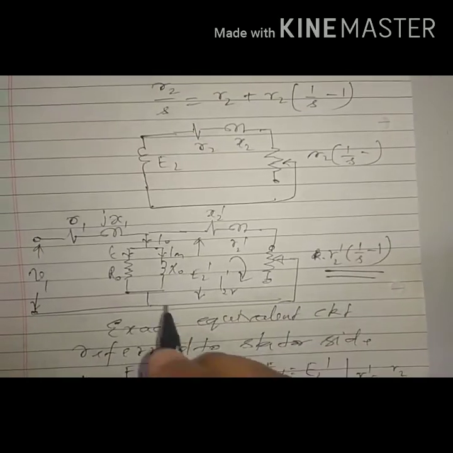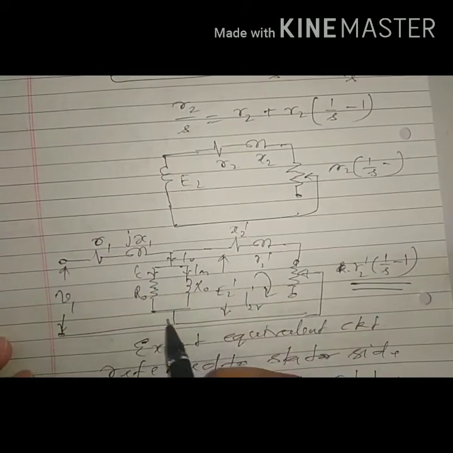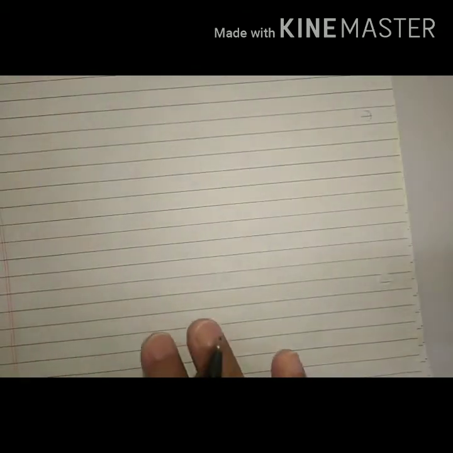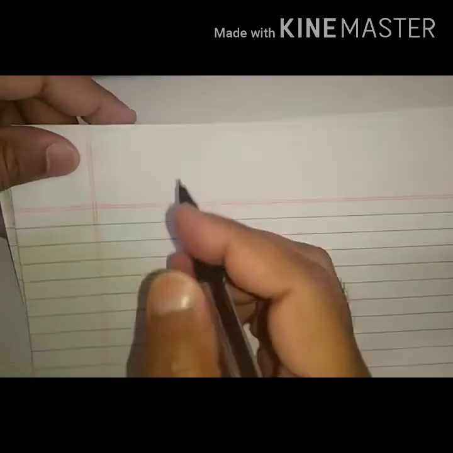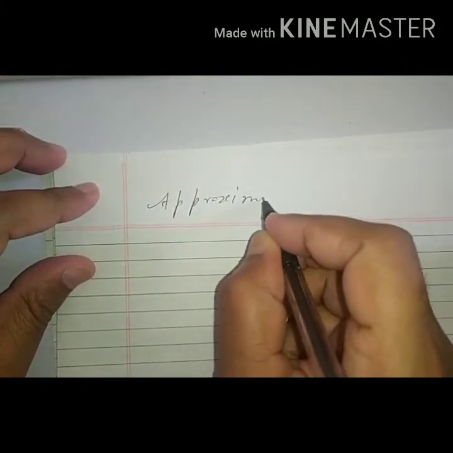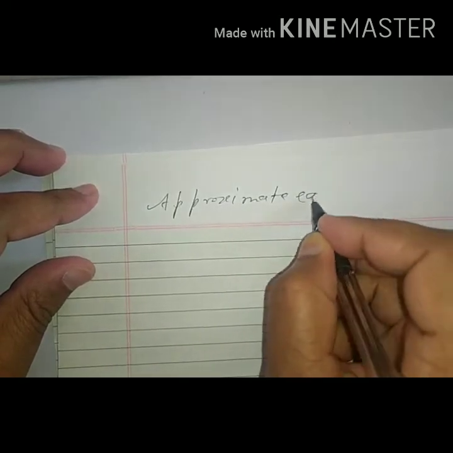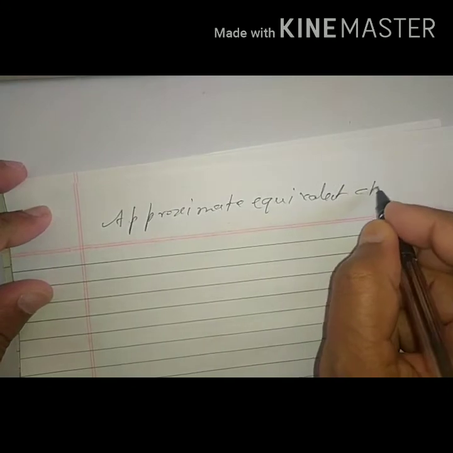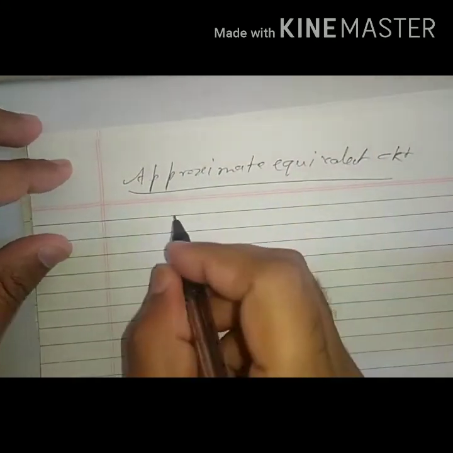If we want to draw the approximate equivalent circuit, this exciting branch must be shifted here, and we can write this as the approximate equivalent circuit.